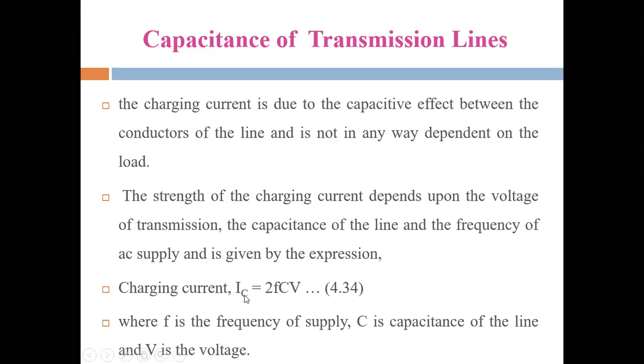The charging current depends upon the supply frequency, the capacitance and also the applied voltage or potential difference. The charging current is due to the capacitive effect between the conductors of the line. It does not depend on the load, only on the capacitance value.